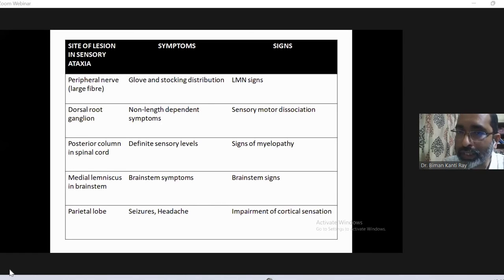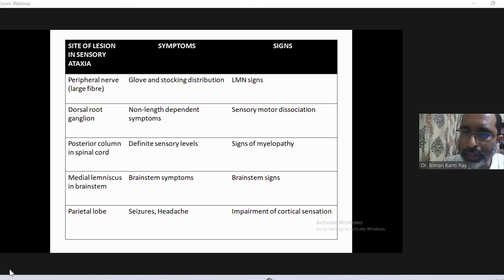One is distribution of symptom and the presence of associated symptom. In case of peripheral neuropathy sensory ataxia, the distribution of symptom is in the glove and stocking distribution, distal symmetrical, glove and stocking distribution, and it is always length dependent.